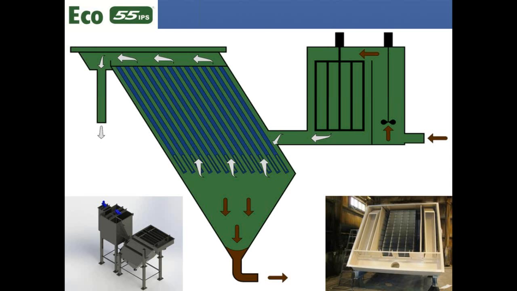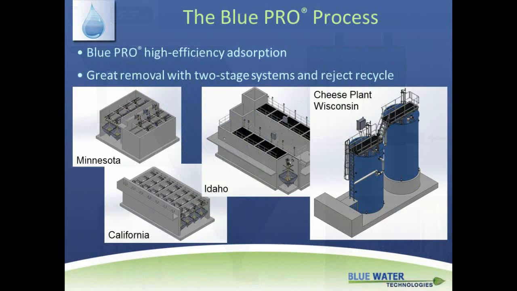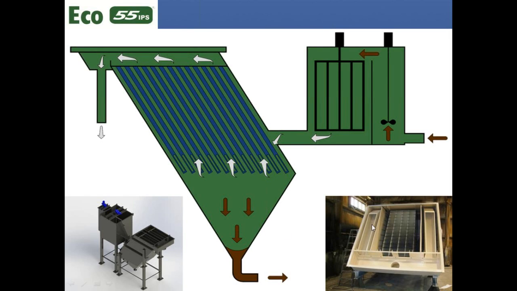I mentioned that quite often in our treatment train, if we're targeting a specific metal like mercury or any of the transition metals that require a higher pH, you can quite often get some precipitation of dissolved solids. So a lot of times when we're putting these systems together, we have a clarification stage up front if the site doesn't already have one.